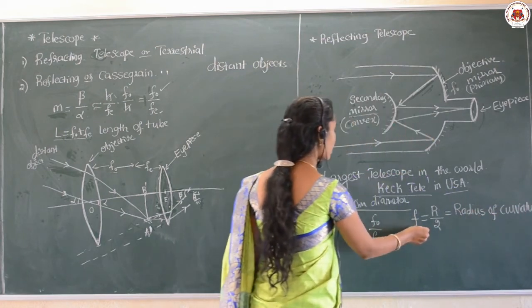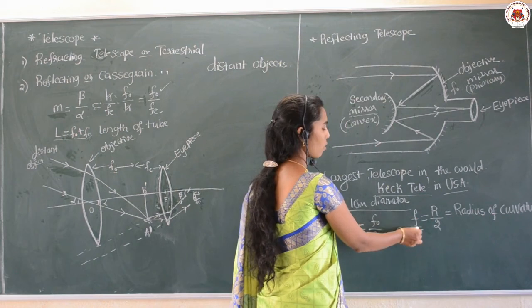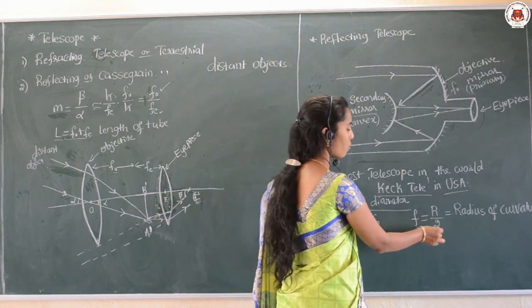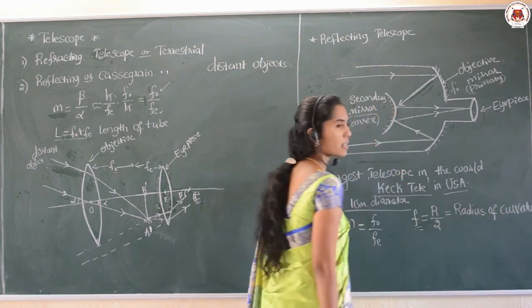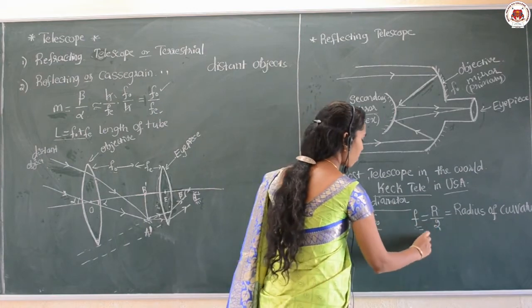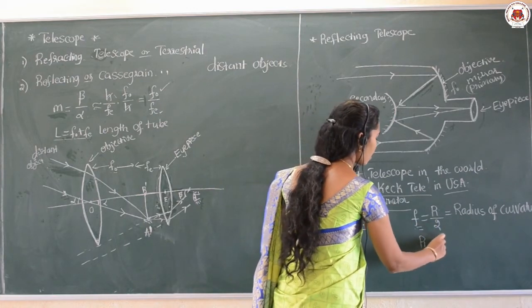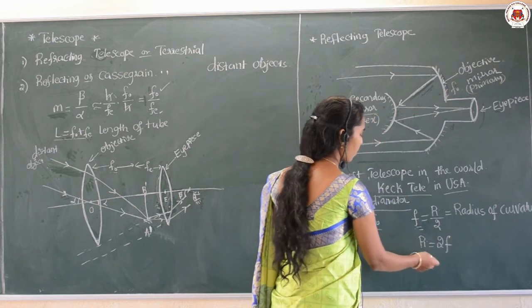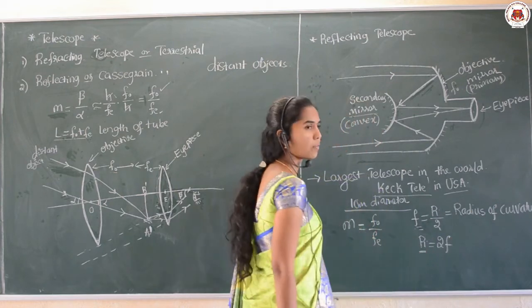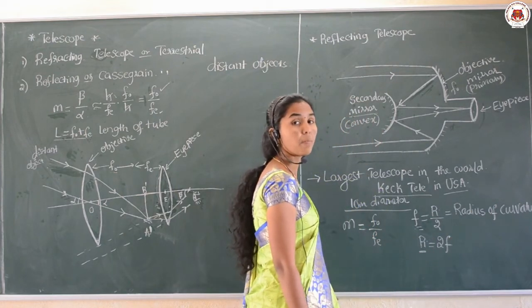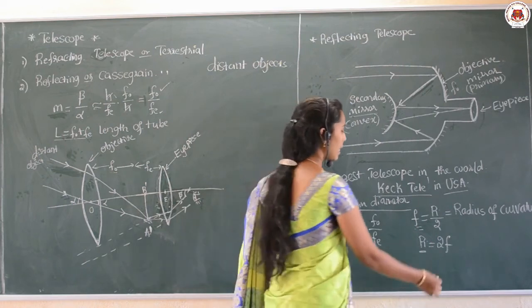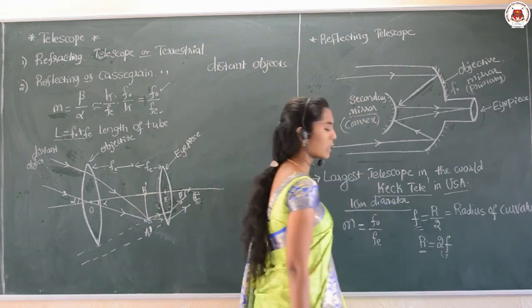This formula says that the focal length of the mirror is half of the radius of curvature, or you can modify this as R is equal to 2F. That means the radius of curvature of the spherical mirror is twice its focal length.